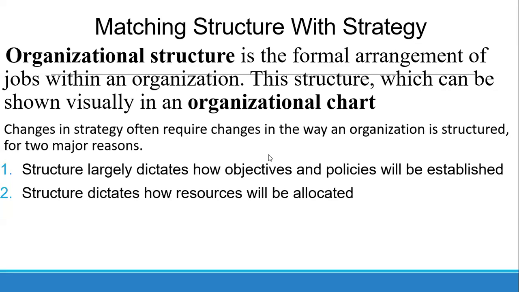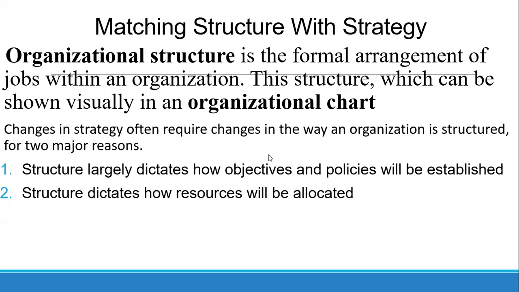Oh no, I'm talking about the structure and the strategy you are implementing. So which one should dictate the other? Or which one should come first? Is it the organizational structure that should be adapted to fit the strategy we are implementing, or is it the strategy we are going to implement which should inform the engineering of the organizational structure?